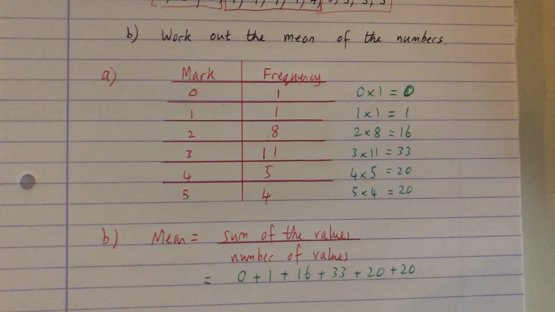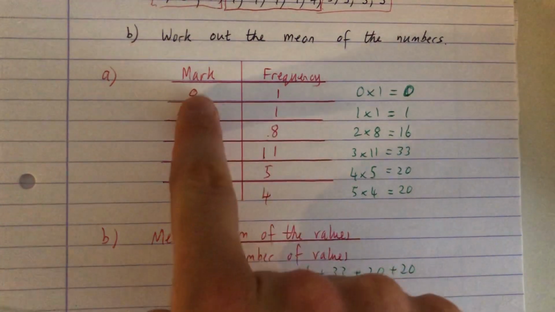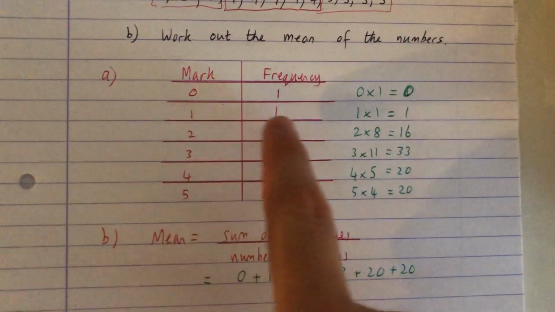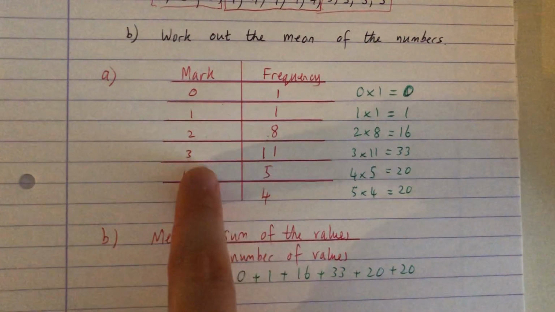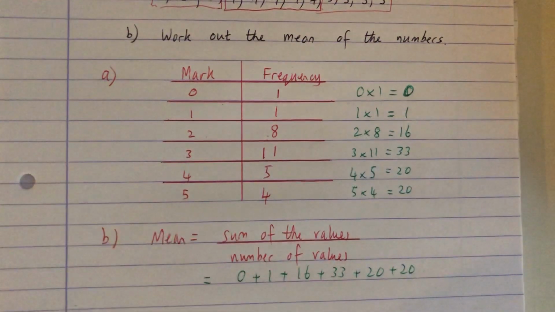Okay? Now what would be the number of values? The number of values, like the number of students in this case who took that test or who answered this question. How would you work that out? We had 1 person who had 0, 1 person who had 1, 8 people had 2, 11 people had 3, 5 people had 4, 4 people had 5.